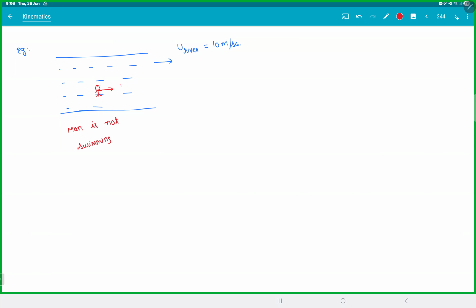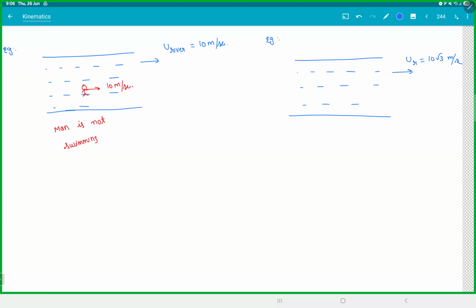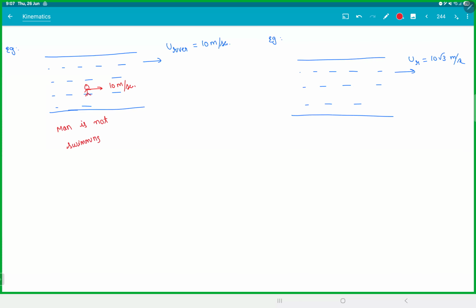The man also will go with 10 meters per second. Let's say the river is going with 10√3 meters per second. Now in this river, you dropped a man. This person is trying to swim straight with, let's say, 10 meters per second.